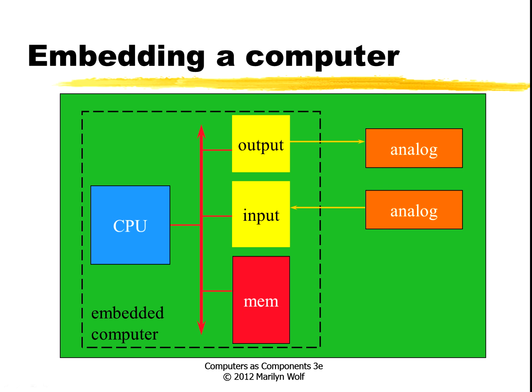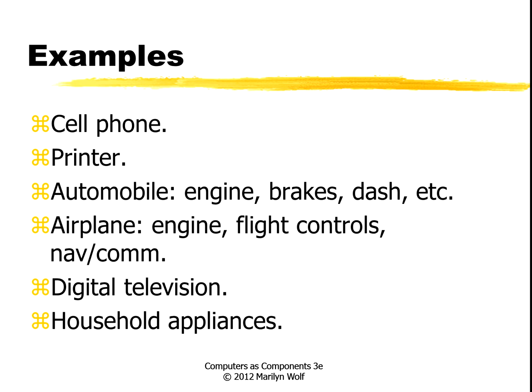And of course these I/O devices have some analog electronics, maybe some mechanical components, but the input and output digital logic interfaces to the CPU. Now in a lot of cases we can put everything in here, the processor, the memory, the I/O devices, on a single chip. And that's what makes computers very powerful for manipulating the real world.